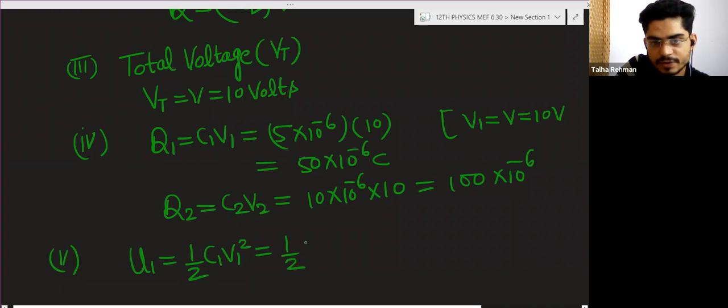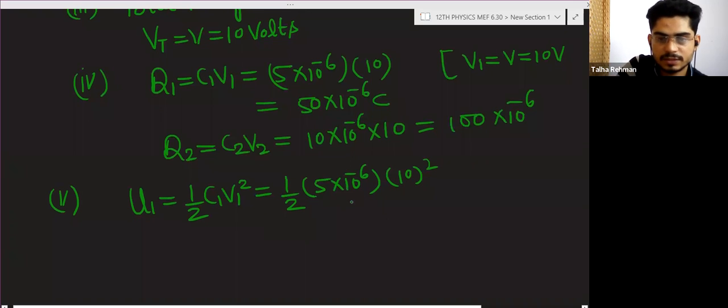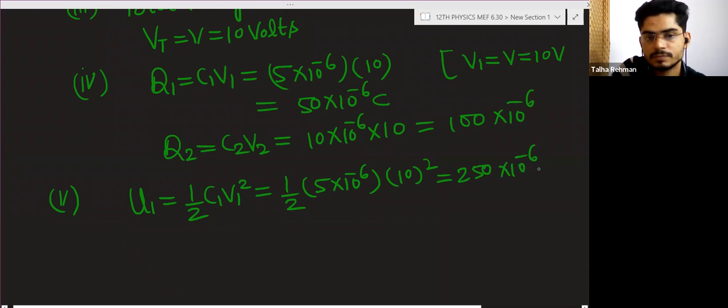The value of C1 is 5 into 10 to the power minus 6, and the value of V1 is 10 square, and the answer will be 250 into 10 to the minus 6 joule. The SI unit of energy is joule.